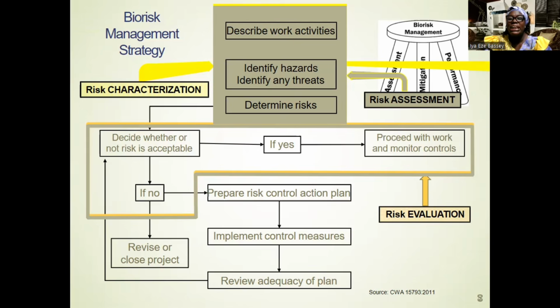Then, when you start deciding whether the risk is acceptable or not, and whether you want to proceed with the work or stop the work, that is your risk evaluation. And your risk characterization and your risk evaluation make up the risk assessment.